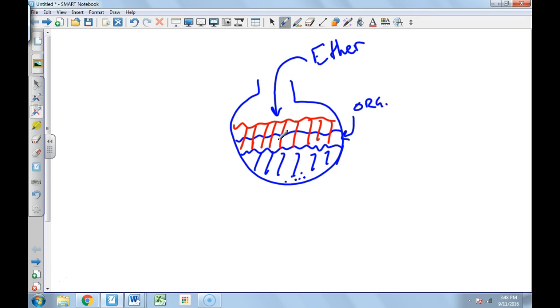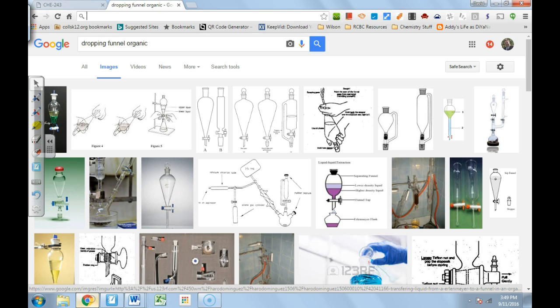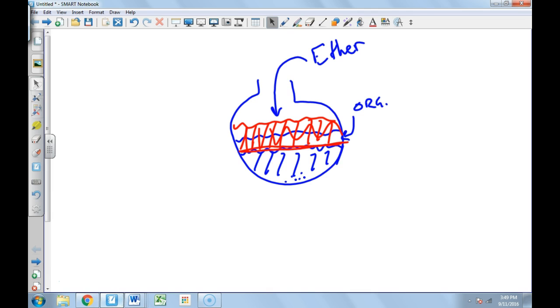Because this is now even more organic, and this is so ionic, oil and water don't mix, you're going to have as much organic in here as you can. Now because these are two really easy layers to see, we're going to separate them. And you always use a sep funnel, a separatory funnel, which is this thing without the ground glass joint. This is a separatory funnel, to separate layers in a liquid.